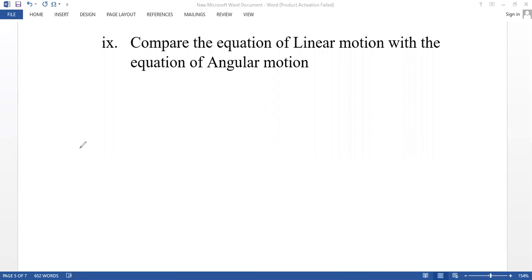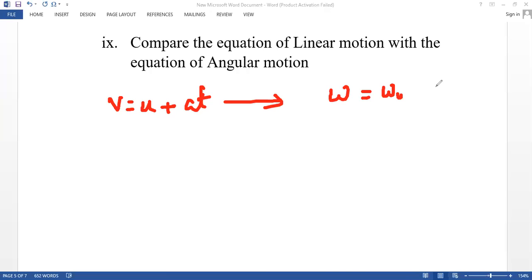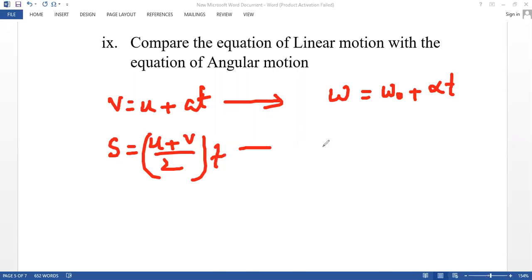First of all, v equals u plus at. But in the case of angular motion, omega equals omega naught plus alpha t. Equation 2: s equals u plus v by 2 into t, which becomes theta equals omega naught plus omega divided by 2 into t.